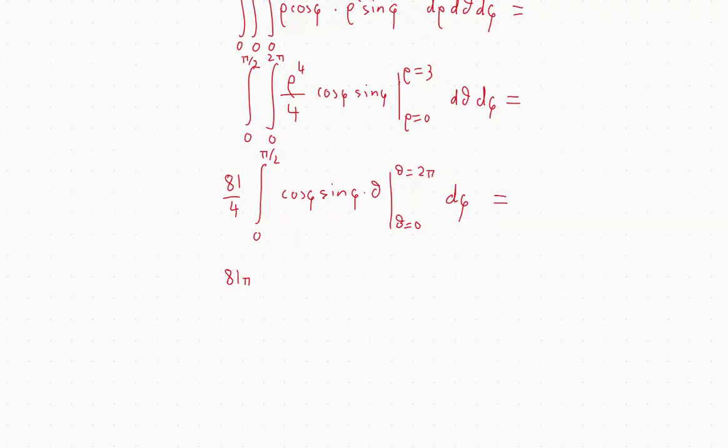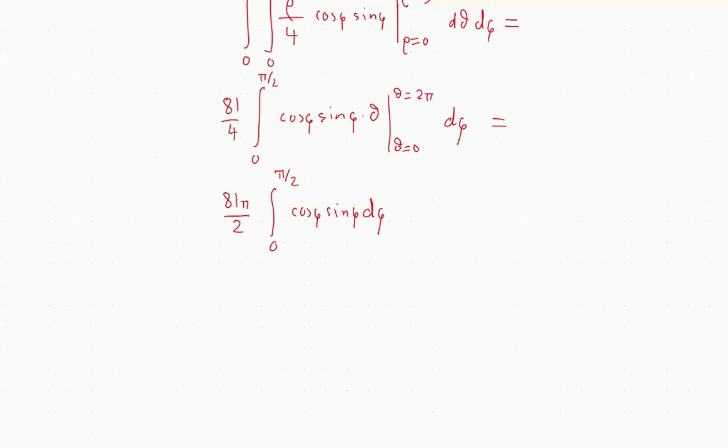And finally, we have this integral, which is a classical integral to be computed with a substitution. What substitution would that be? u is equal to sine phi, du is cosine phi d phi. Remember that when we apply such a substitution, we also replace the limits of integration by the corresponding values.